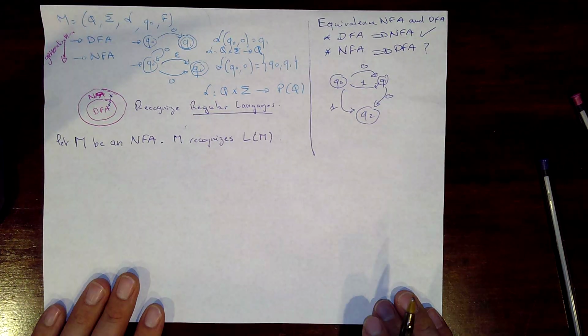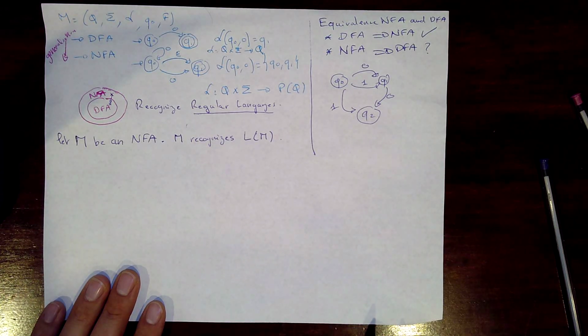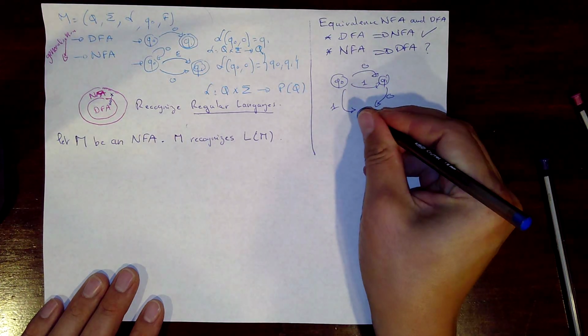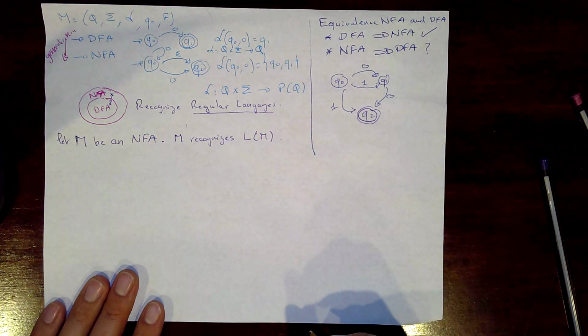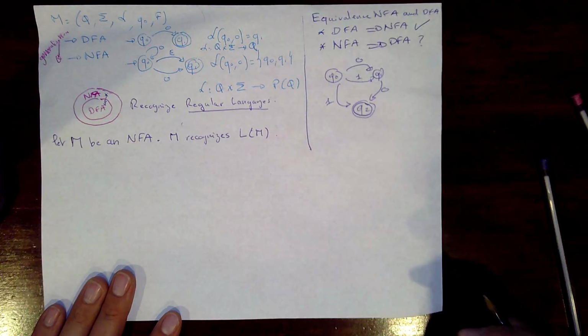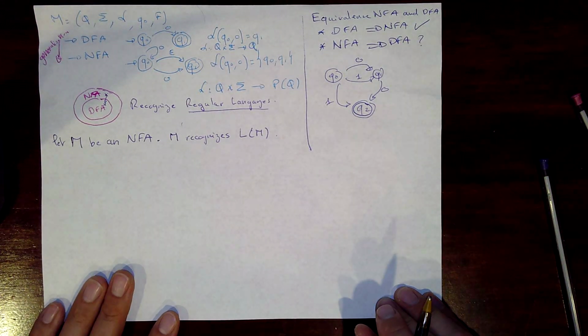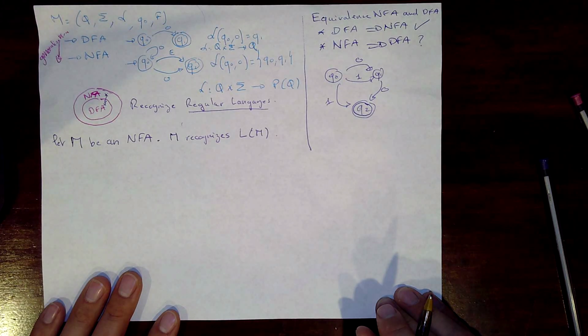And we want to show that there is a corresponding DFA that will recognize the existing language. Let's put this one as an accept state. There is a process to build systematically a DFA, and that's part of the proof, that will recognize exactly the same language.